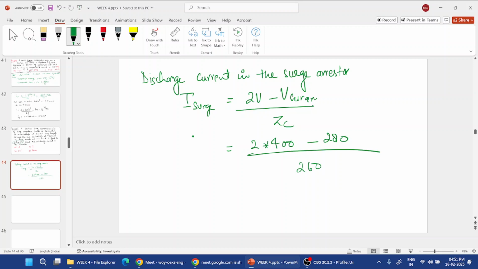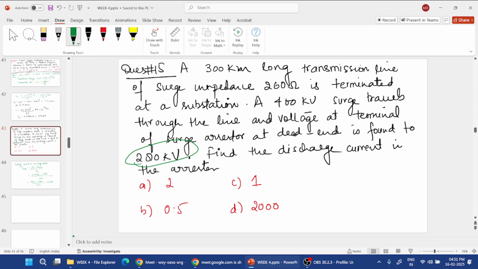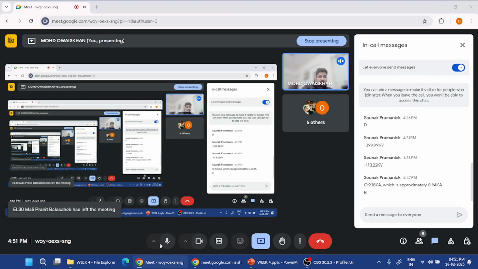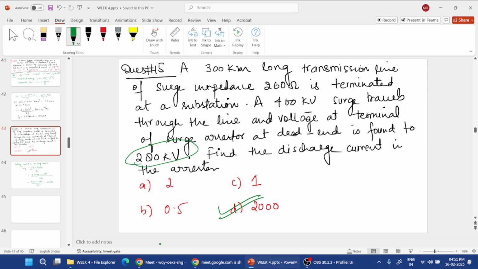So it is 800 minus 280 divided by 260. It comes out to be 2 kiloampere, so the discharge current is option D, 2000 amperes.